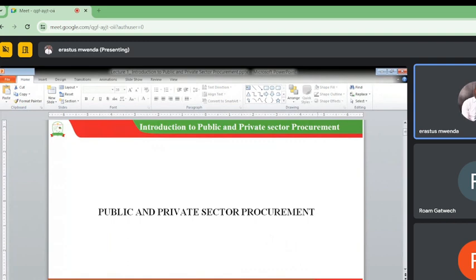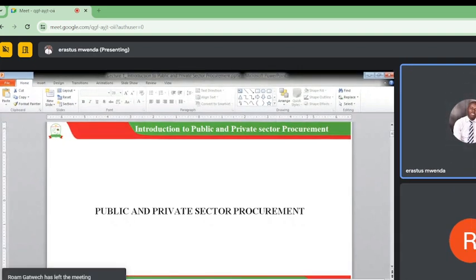amendments that are done. Now, when you go to the purpose of that bill, why is the Procurement and Disposal Bill in existence in different countries around East Africa and even across the world? So the law is basically meant to provide a regulatory framework for establishing and governing an open, transparent, and a rigorous system of public procurement.